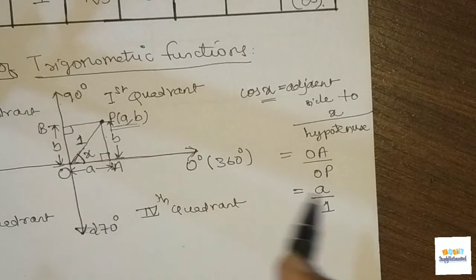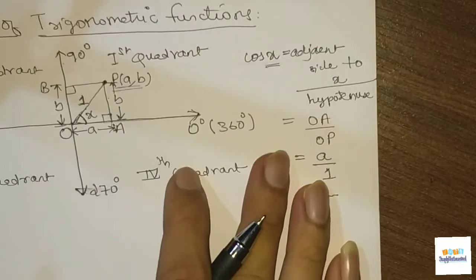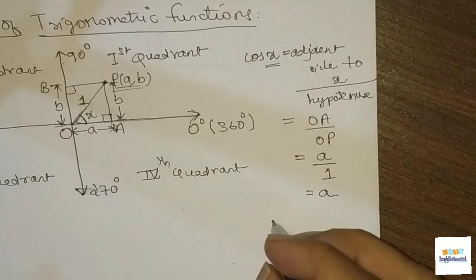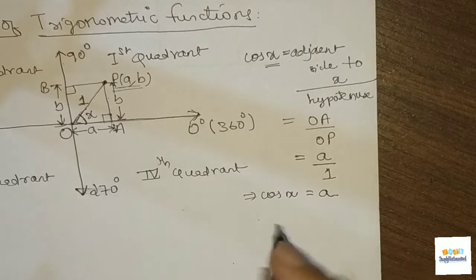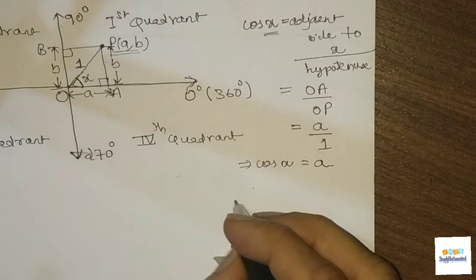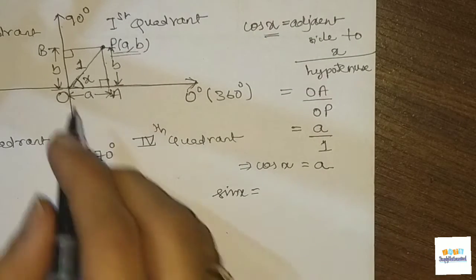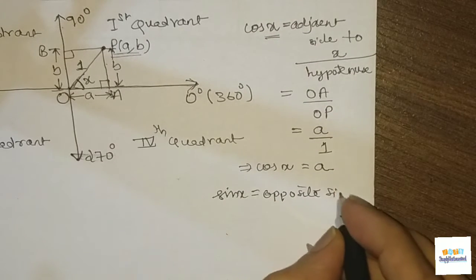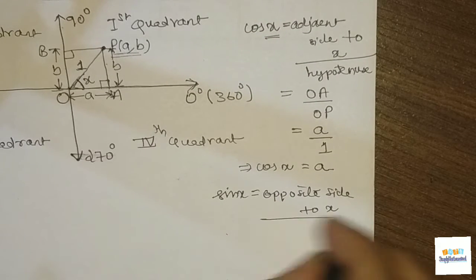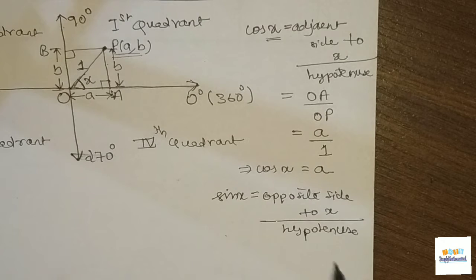So A by 1 is A. So cos x is equal to A. Now sin x is nothing but opposite side to x divided by hypotenuse, opposite upon hypotenuse.